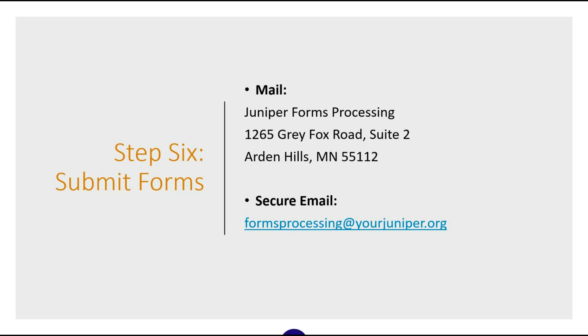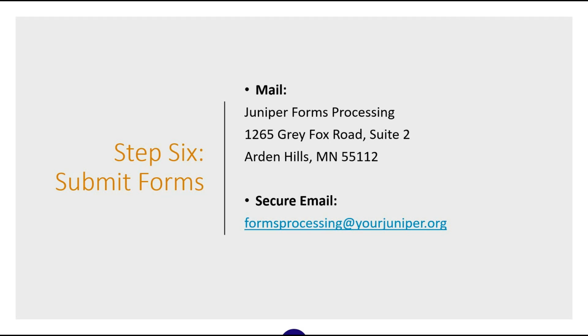Once everything is entered into Juniper, you will then submit the privacy policy acknowledgement page, which is page 4 of the privacy policy, and that's just with the participant's signature, and an invoice, if applicable, if you are receiving payment for the class, to the Juniper Forms Processing at 1265 Great Fox Road, Suite 2, Arden Hills, Minnesota, 55112.